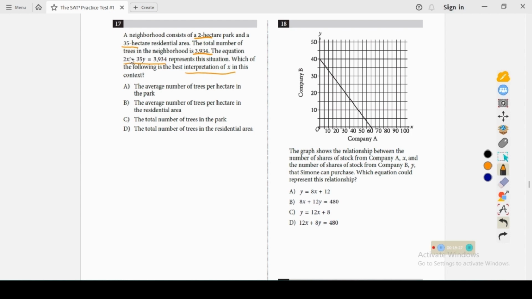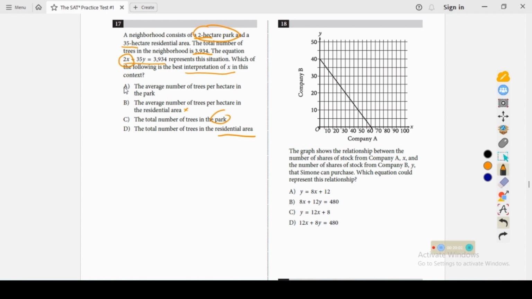Since in the equation we have 2x and there is a 2-hectare park, the average number of trees per hectare in the park, the average number of trees per hectare in the residential area. So option B is not true because we have a 2-hectare park, and it is not possible to find the exact total number of trees for both the park and the residential area.